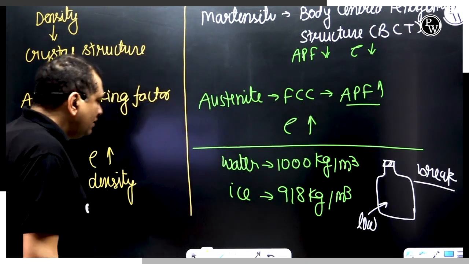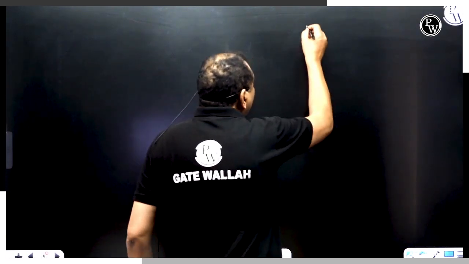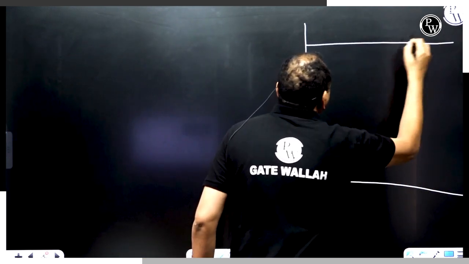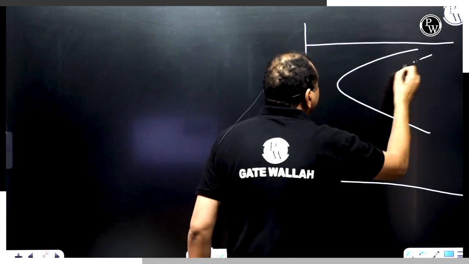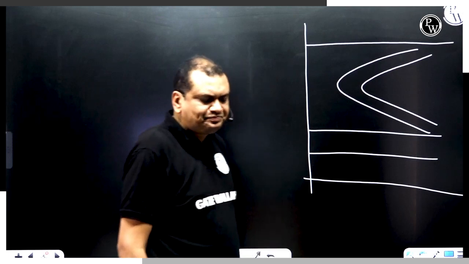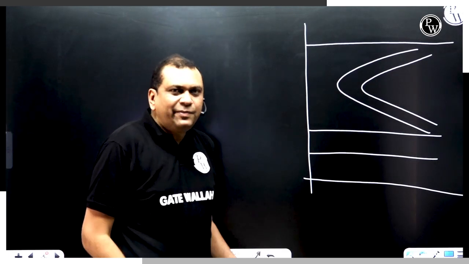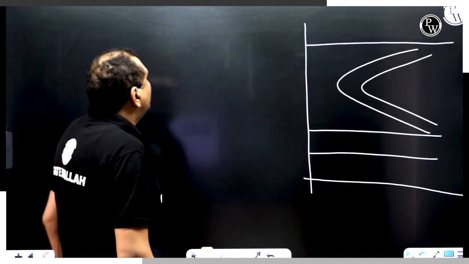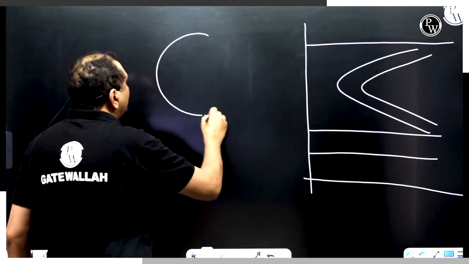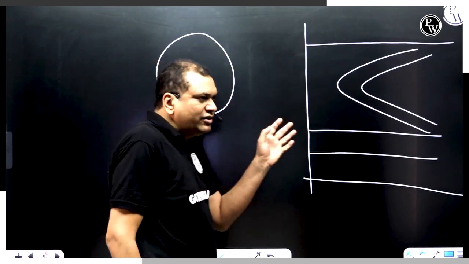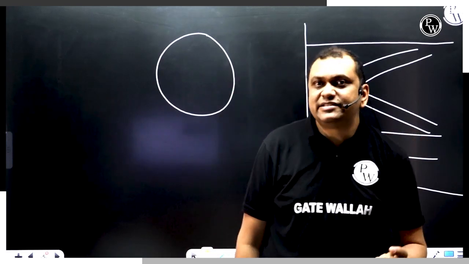Okay. Now there is one TTT diagram. Suppose you have taken one specimen of austenite and raised its temperature to a temperature at which austenite is stable.